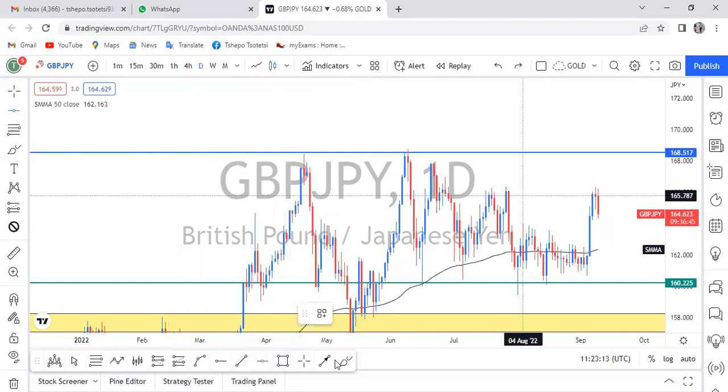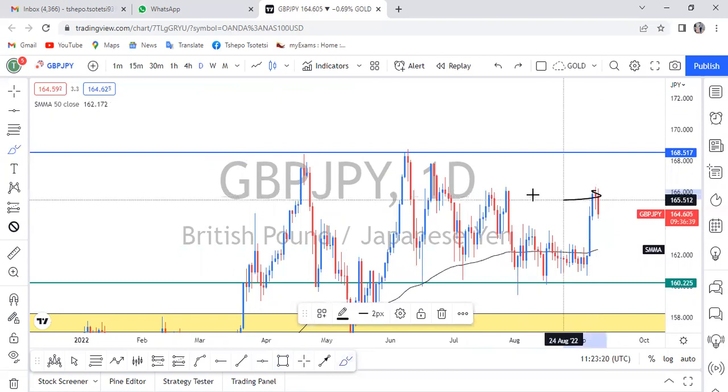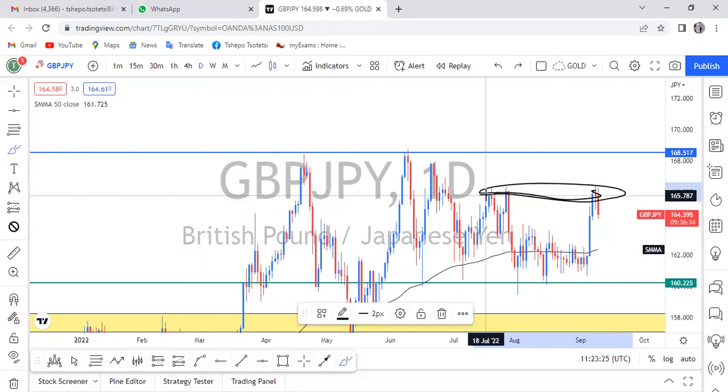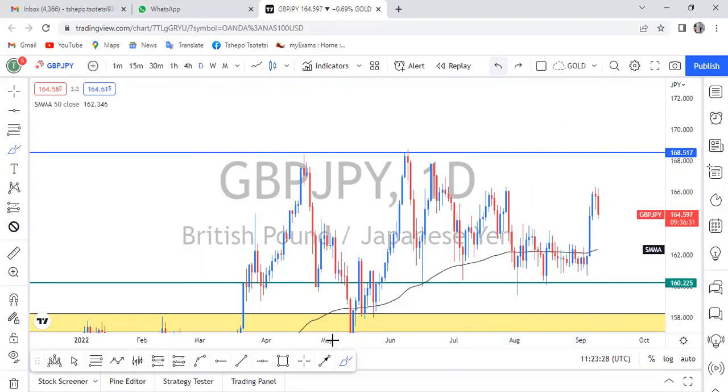As we can see, looking here, price is rejecting because it was also a resistance zone, looking at left. So that's why price is rejecting, because it was also a resistance zone.